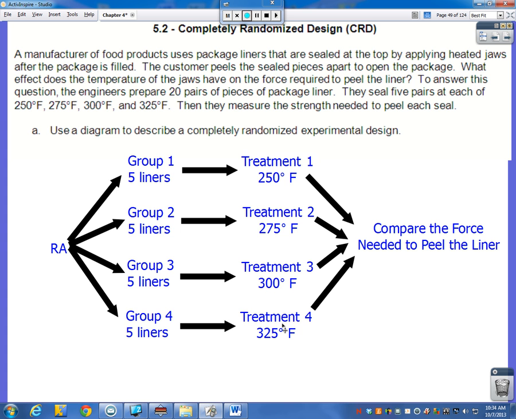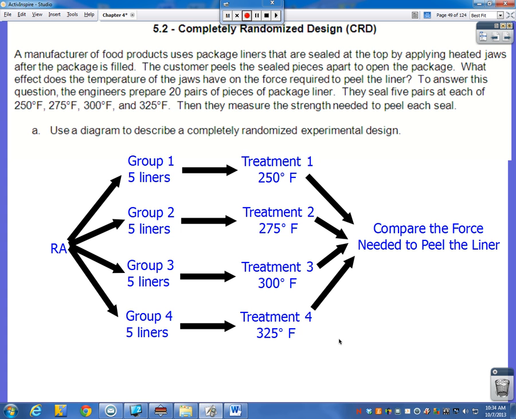We don't know if necessarily that a higher temperature makes it tougher to open a liner, or maybe a cooler temperature is tougher to open. So they want to try to find a force that's high enough where the food just won't come through the liner during the shipping process, but they don't want it to be so tough that nobody can really open it, or only like the world's strongest man can open it.